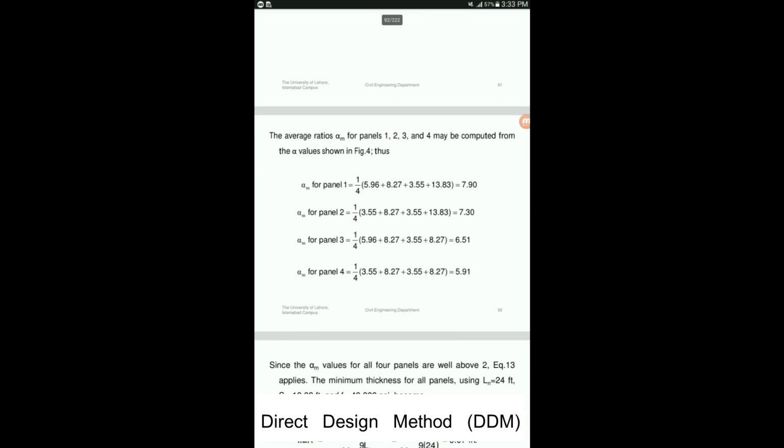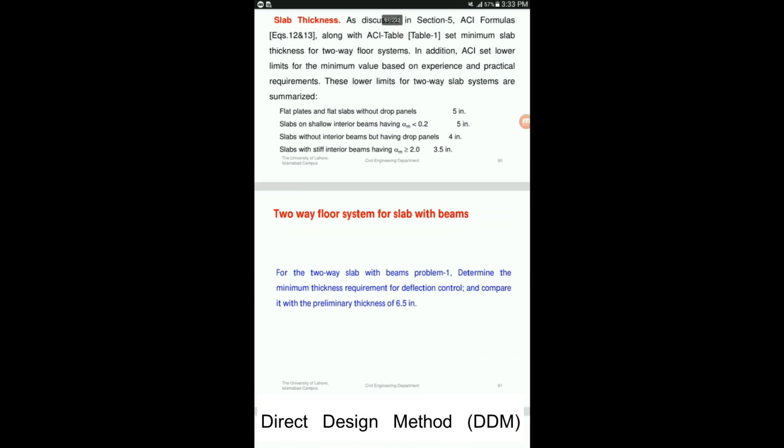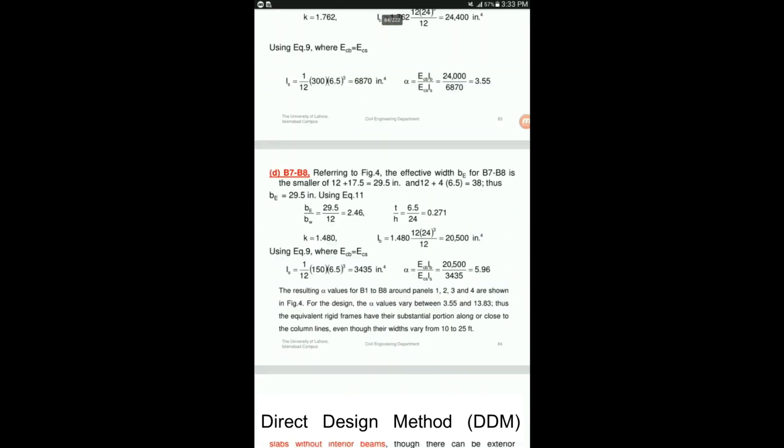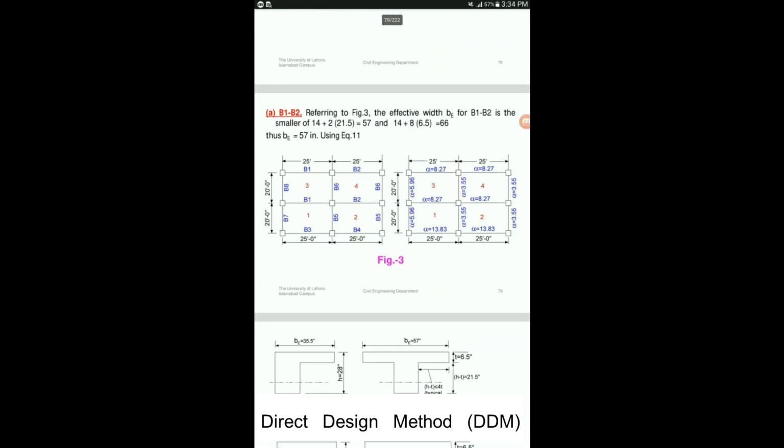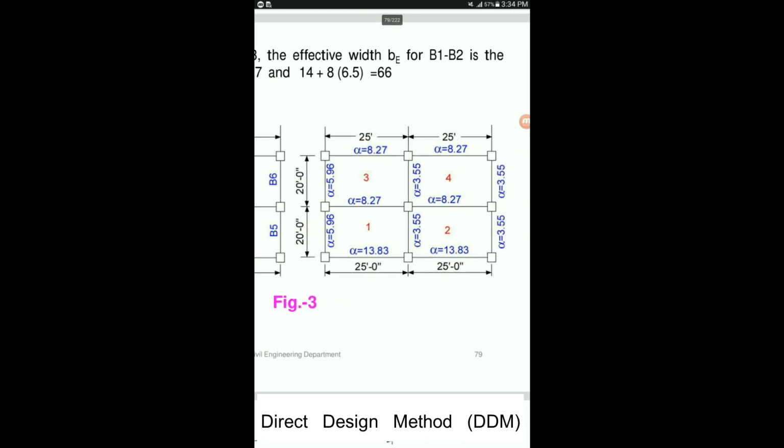So the first step is to find the alpha m for panels 1, 2, 3 and 4. For panel m, these are the calculations. How we have calculated this one, I'm just going to show you here. This was panel 1.